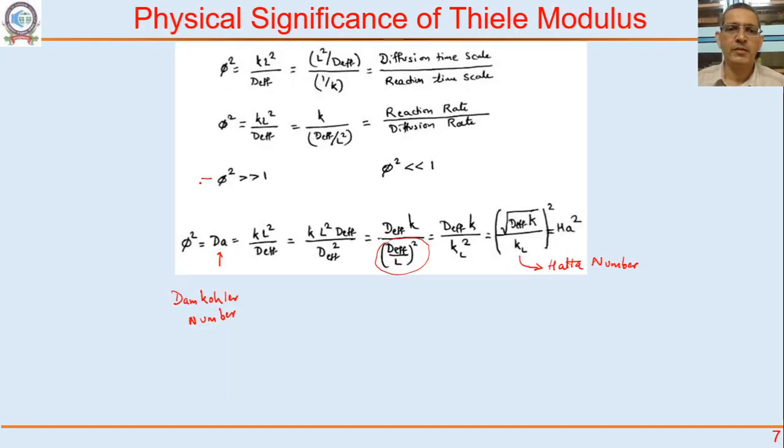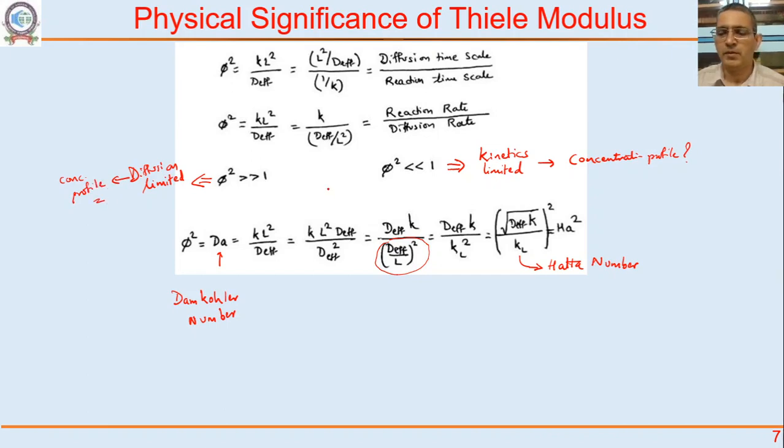Let's go forward. Here, let me again write diffusion limited. Diffusion is rate determining step. Here it is kinetic limited. Kinetics are rate limited. I want you to draw concentration profile. Let's go forward.